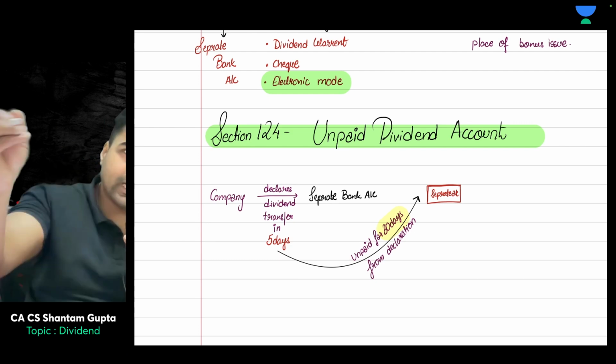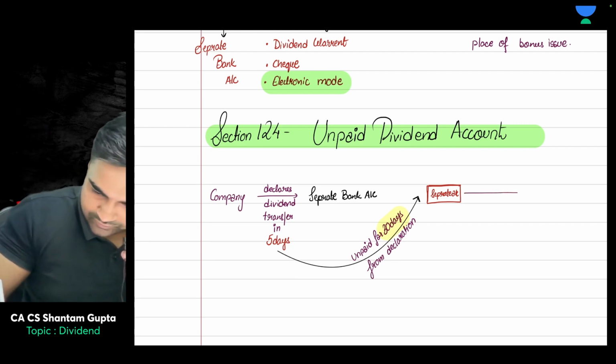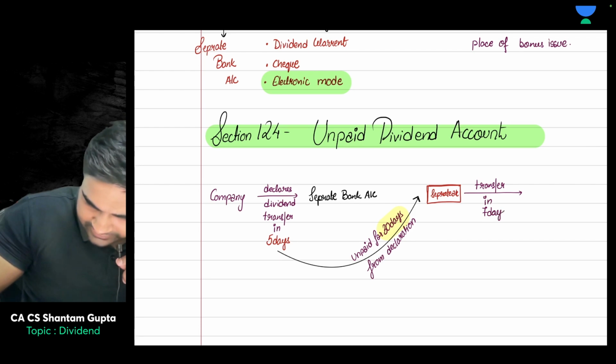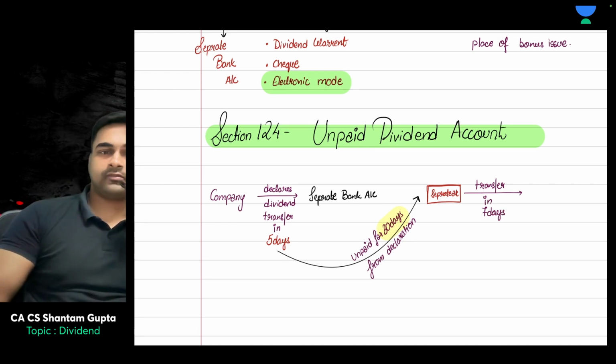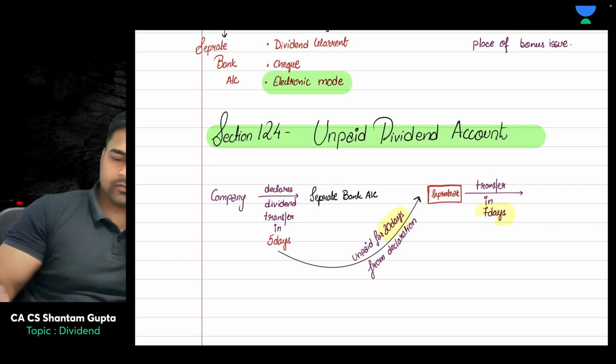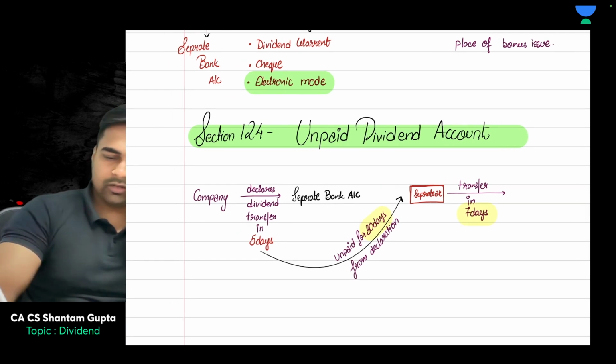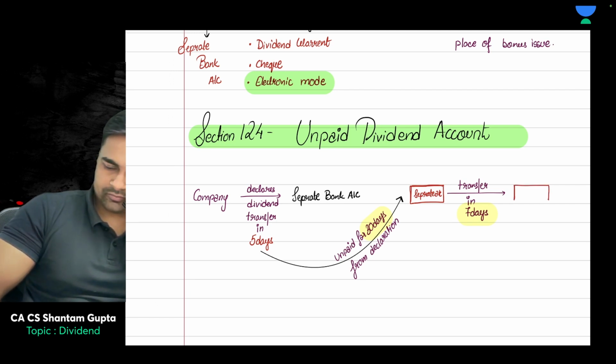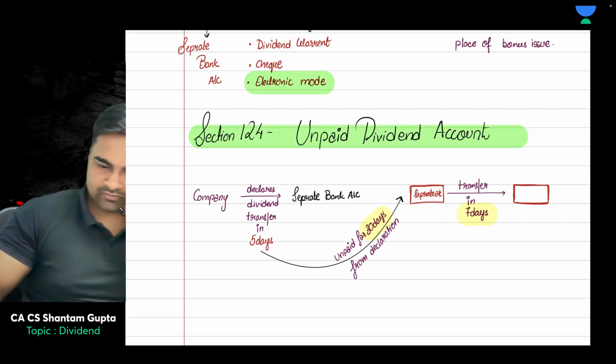Now, within how many days do you need to transfer this? Transfer in 7 days to the unpaid dividend account.